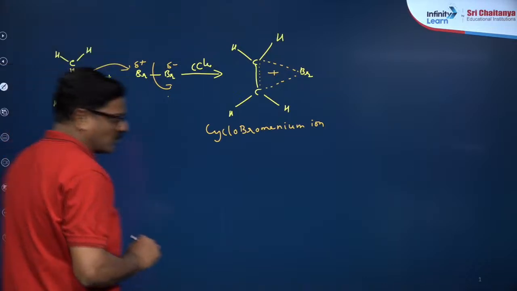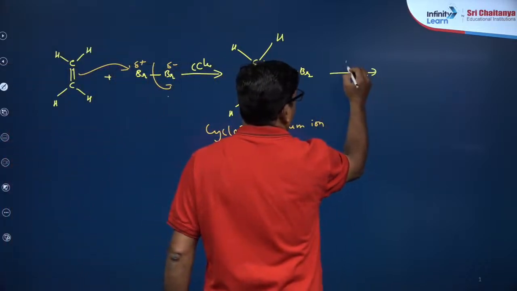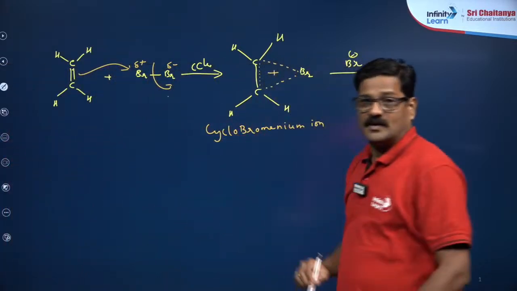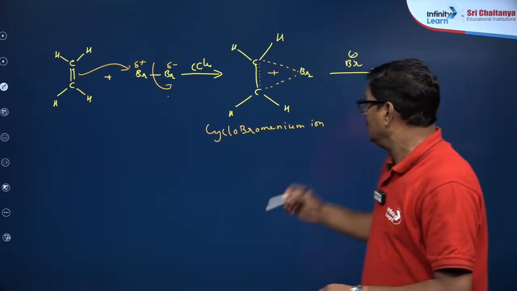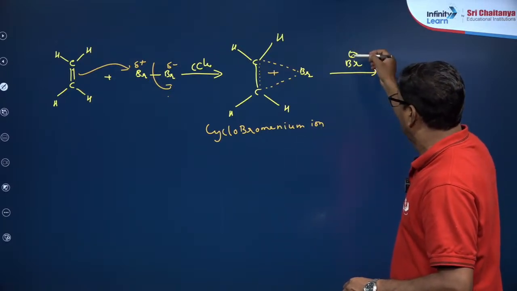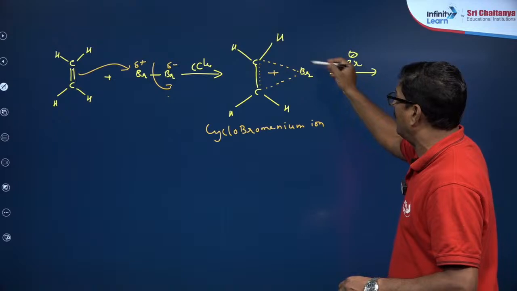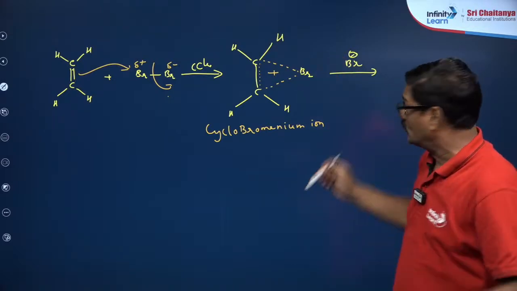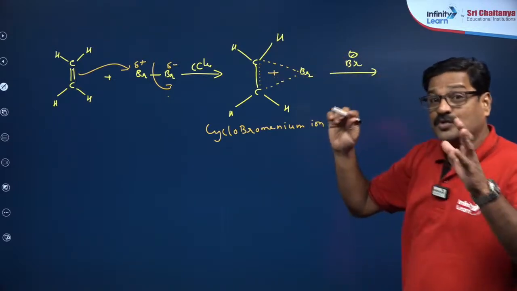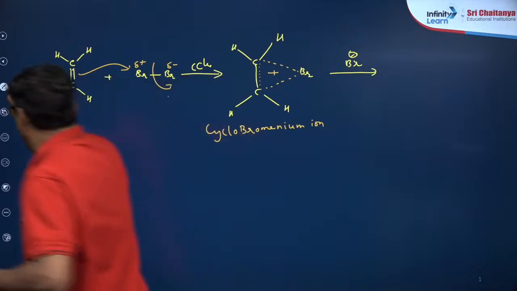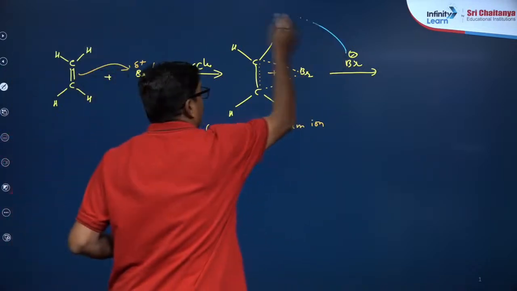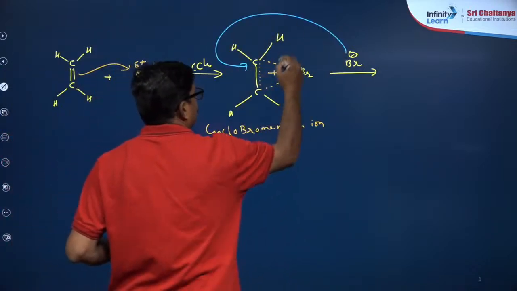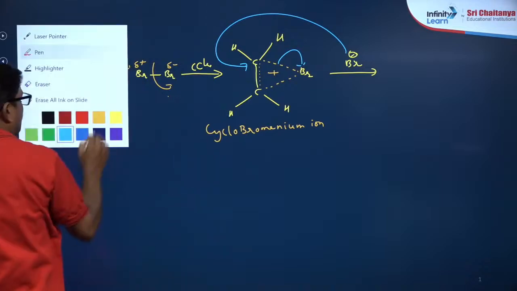That Br minus is going to attack. Already bromine is there on this side, right? So attacking from the front is difficult, therefore it tries to attack from the back. As a result, the bond is going to be like this.